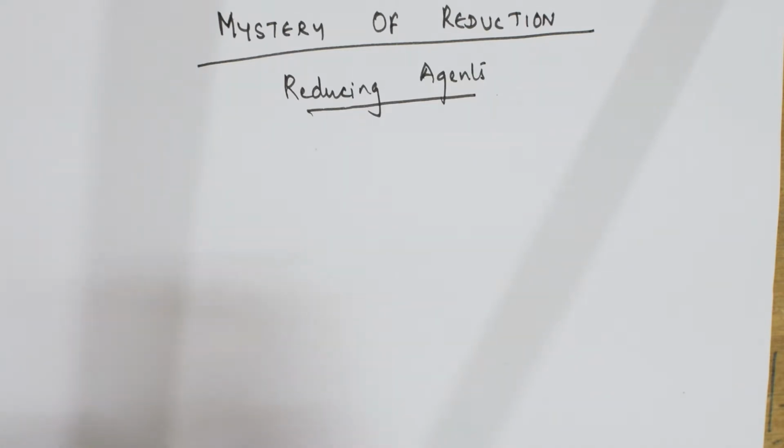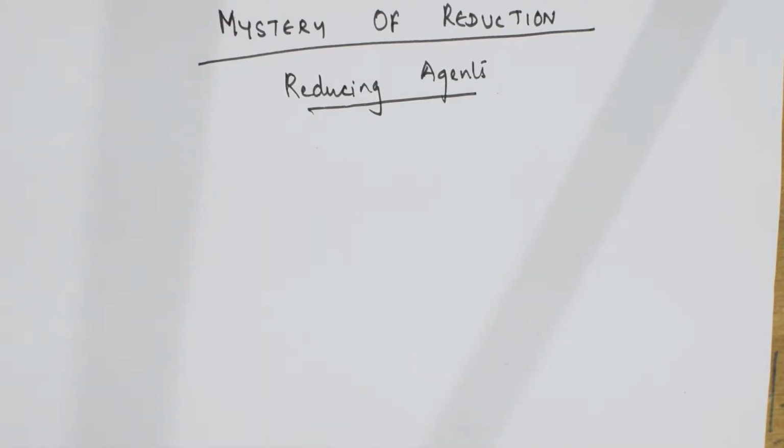So I thought I would explain the different reducing agents, what gets reduced to what, the mystery of reduction, and share it with all of you. Very informative and important data. Take a book and keep noting it along with me.